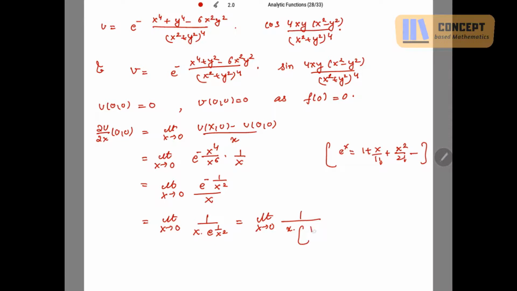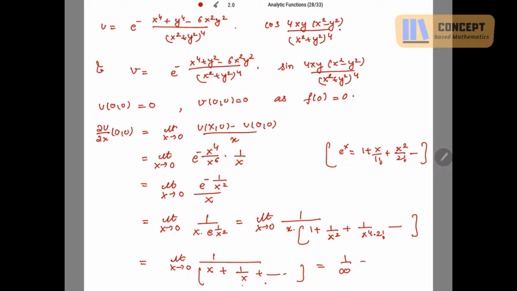Opening this: 1 plus 1 over x square plus 1 over x⁴ into 2 factorial up to so on. So taking x inside, you will be getting x plus 1 over x plus up to so on. Now these second, third, all the terms will become infinity because x is 0, and this term is 0, so 0 plus infinity. So this is 1 over infinity, which is equal to 0.